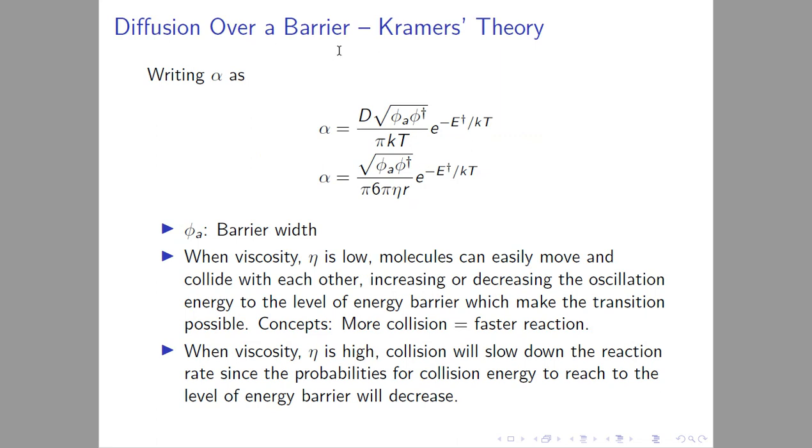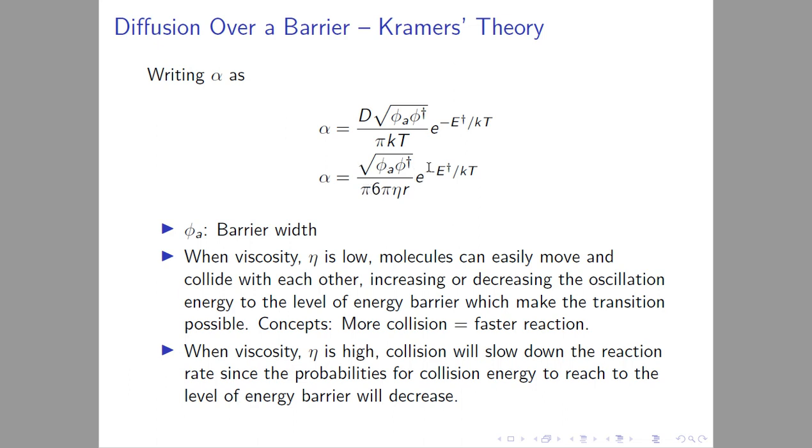Okay, and next is how we can get the rate constant. So this uses Kramers' theory. We can write the rate constant alpha from A to B equal to alpha D, square root of PA over P dagger over pi kT, exponential minus E dagger over kT, or using the Einstein-Stokes formula, 6 pi eta r.